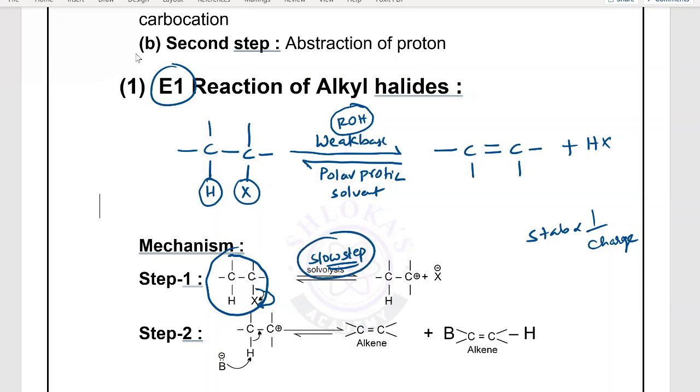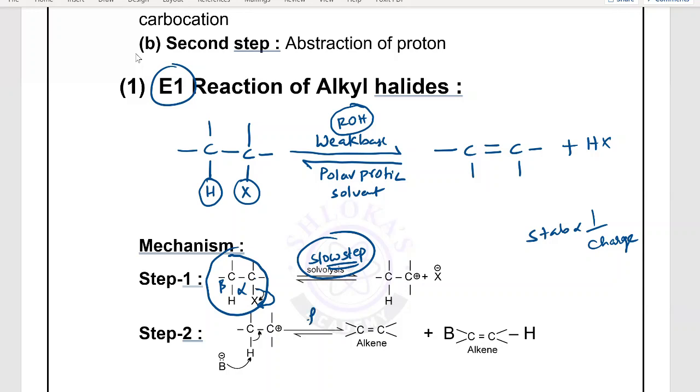After that, we have the nucleophile or weak base. A base is a source of electrons and it is ready to abstract the proton. The proton is abstracted from the beta carbon; if the carbocation carbon is alpha, the adjacent one is beta. By abstracting it, a double bond develops between two carbon atoms, which is called an alkene.